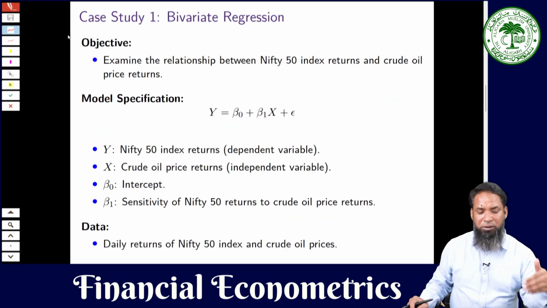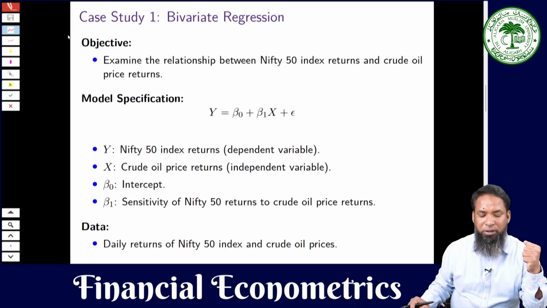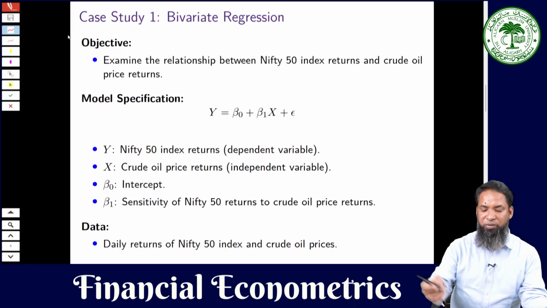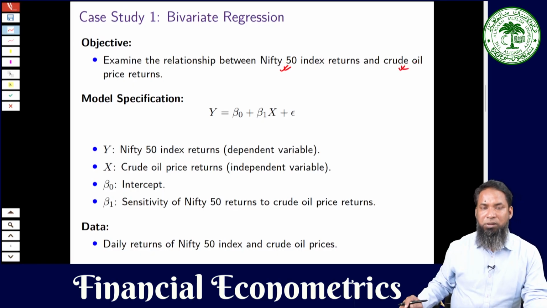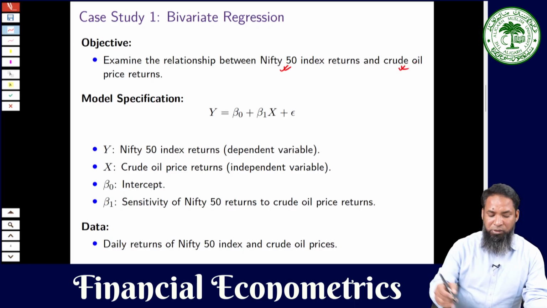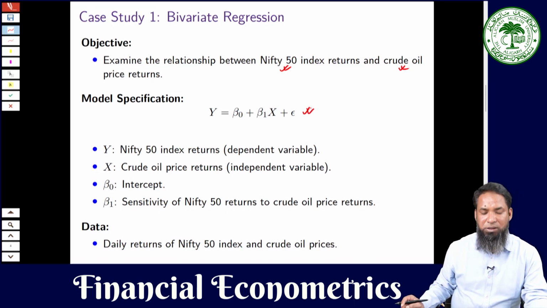Here I am quickly revising the bivariate relationship. We examine the relationship between Nifty 50 index returns and the crude oil price returns, and we will be using this particular regression form which we already discussed in detail in the theoretical lectures.